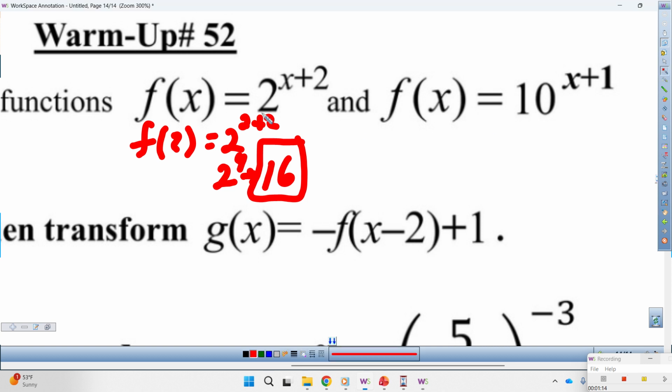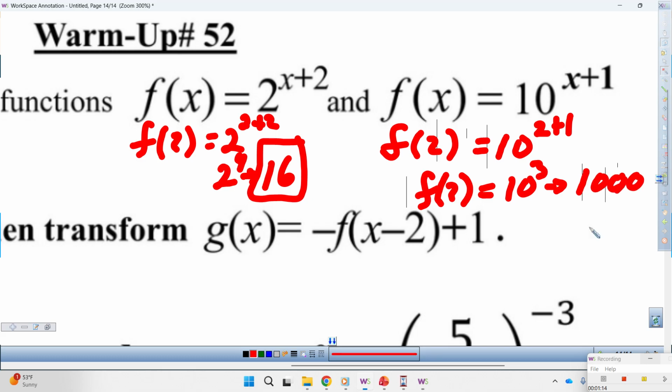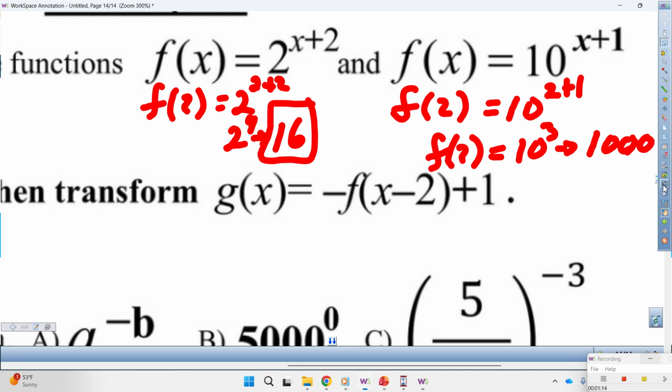This was base 2. This is base 10. So f of 2 equals 10 to the 2 plus 1, or 10 to the 3rd power. 10 times 10 times 10, that's 1,000. Oh, yeah, we got this. Pretty good, yeah? All right, then we zoom out.